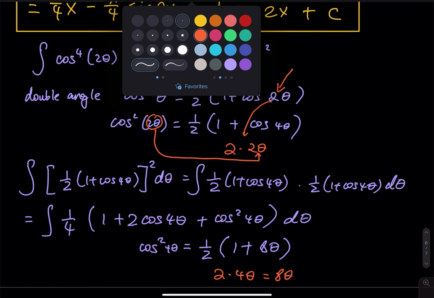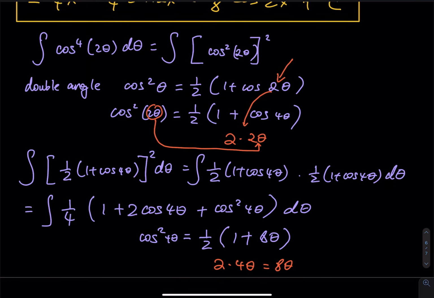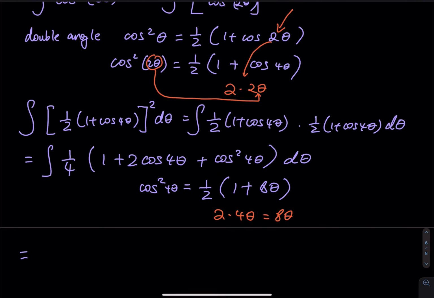And then we do a rewrite. And then we have the integral of 1 over 4, and then 1 plus 2 cosine 4 theta. And then we write the square, which we can distribute at the same time. Oh, I wrote 8 theta only. That should be cosine of 8 theta.